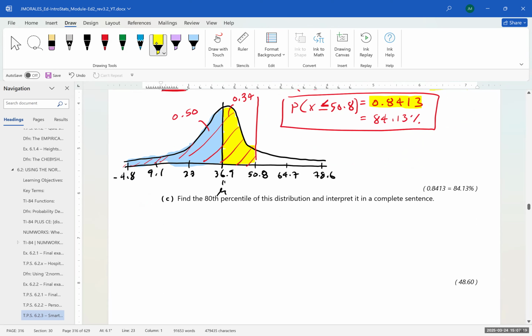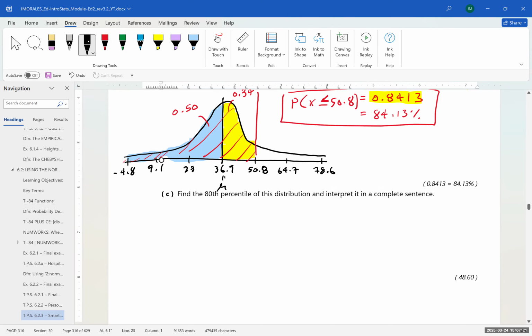Okay, the next one. Find the 80th percentile of this distribution and interpret it in a complete sentence. All right, so let's redraw this.